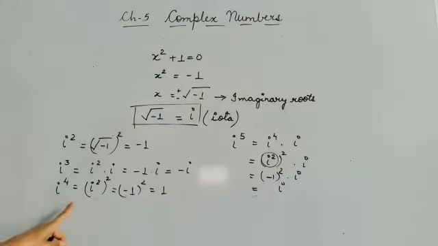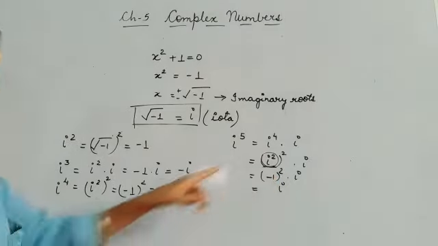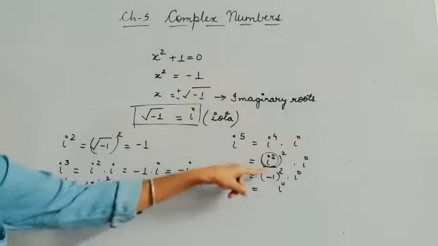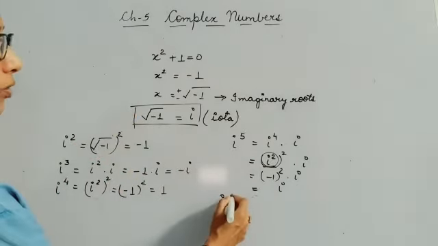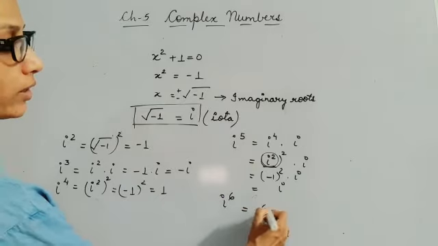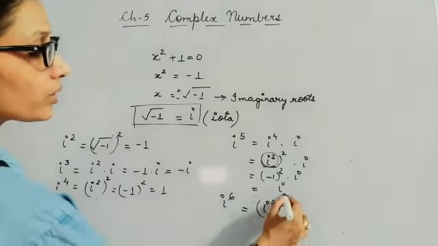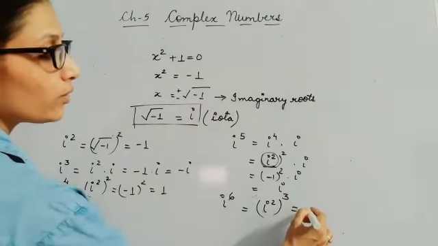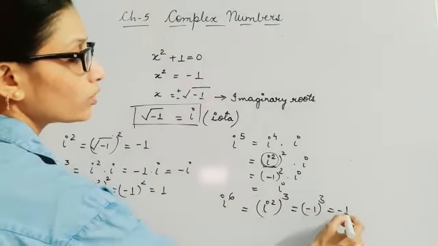But I always suggest you go by iota square, because this is the base of this chapter. So if you want to find out iota raised to power 6, you can write it as iota square raised to power 3. Now the value of iota square is minus 1, whole cube. So this is equal to minus 1.